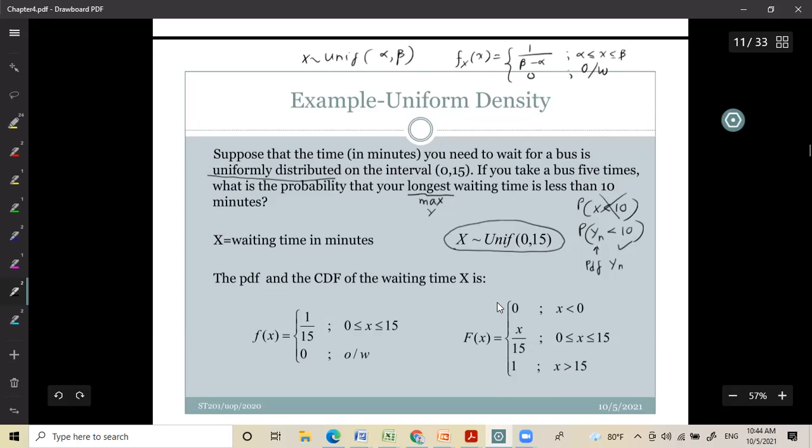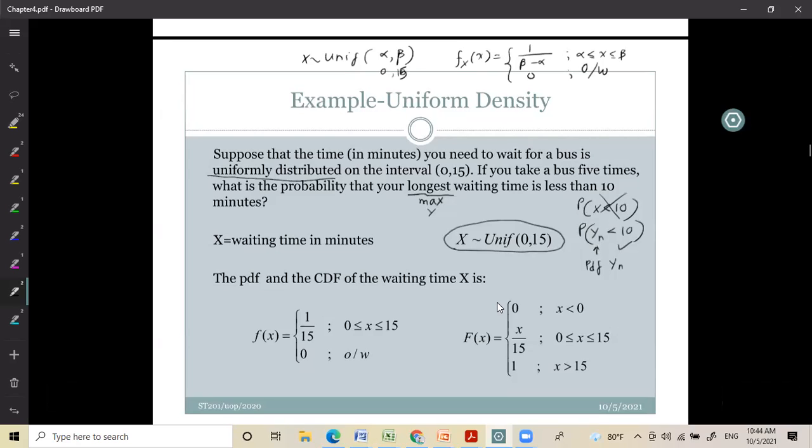This is the uniform distribution. So in our case, alpha is 0 and beta is 15, so 15 minus 0 is 15. So the PDF of X is 1 over 15, for X in between 0 and 15. So this is the PDF.